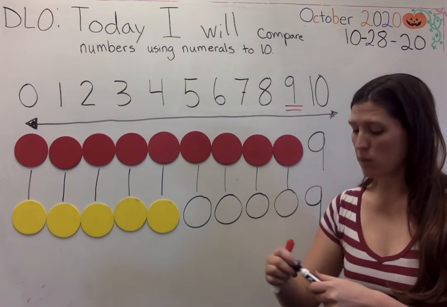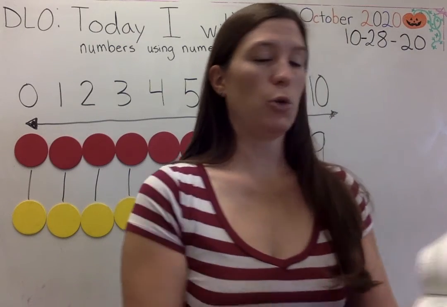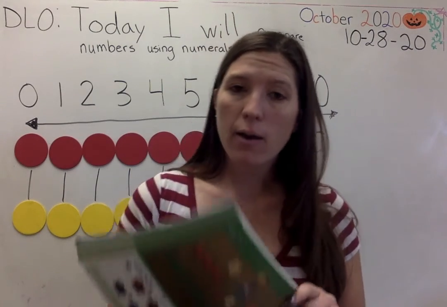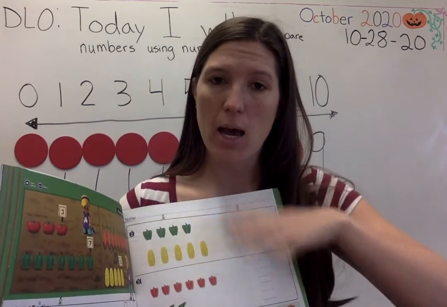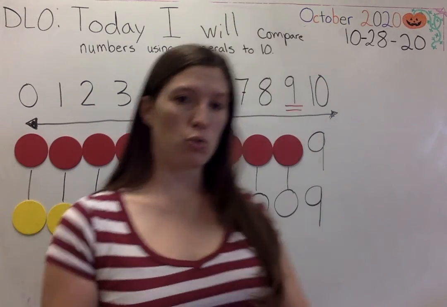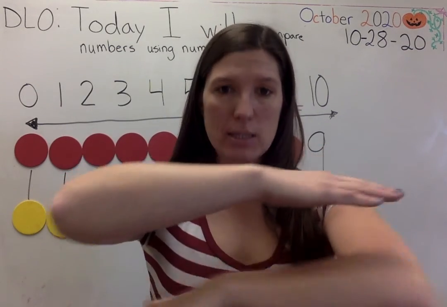So now it will be your turn in your book to match, to compare, and then find which group is greater, which group is less, not as many, or you need to draw more to make it equal. Equal means the same.